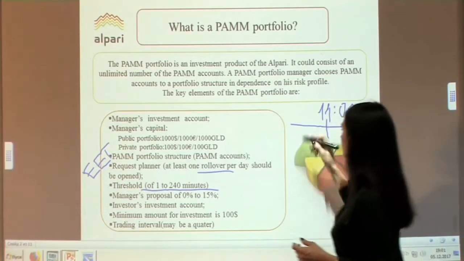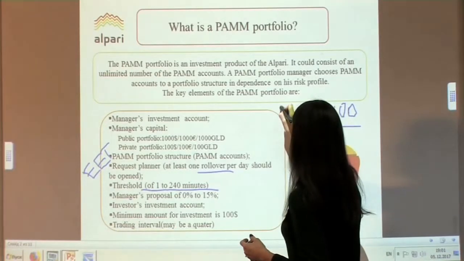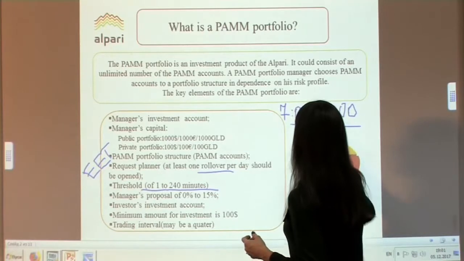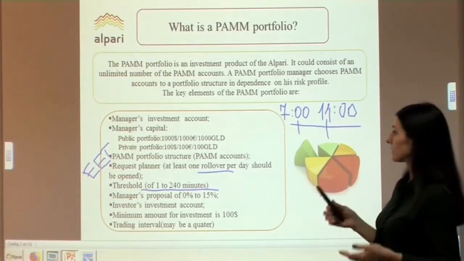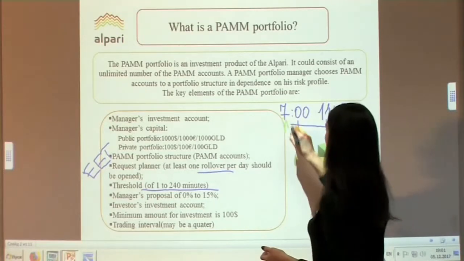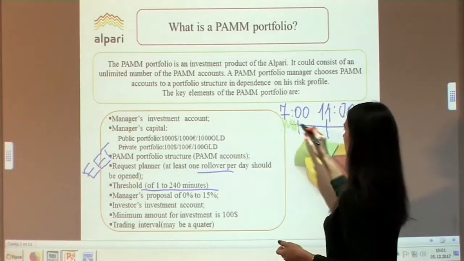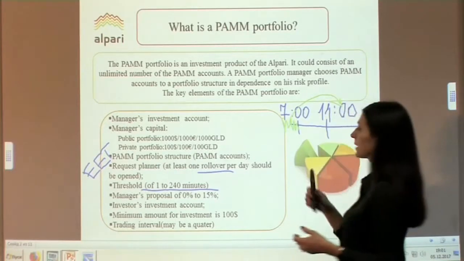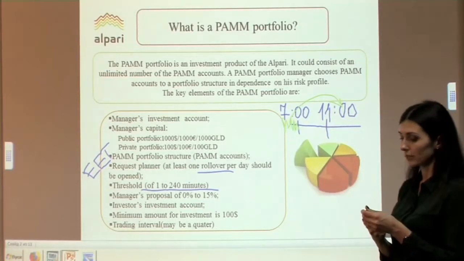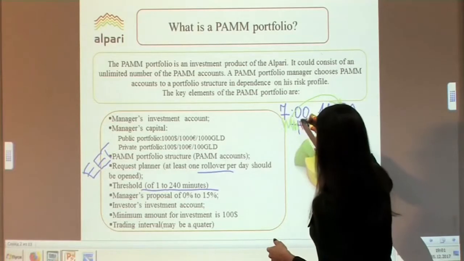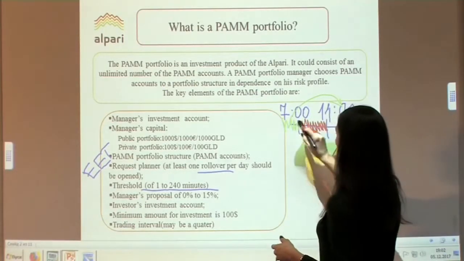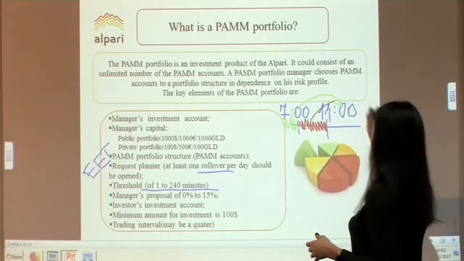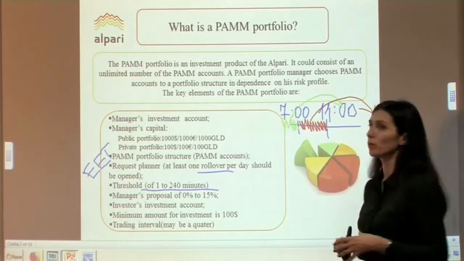If the threshold on the PAMM is equal to 4 hours, 11 minus 4 hours is 7 a.m. That means all requests that are applied before 7 a.m. will be executed at 11 a.m. And all requests that have hit the threshold and are applied between 7 and 11 a.m. will be executed at the next open rollover.